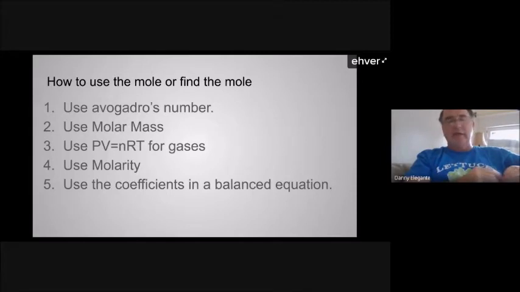I think of it like Oreo cookies, because I love me some Oreo cookies. You take 2 crispy chocolate wafers and you mix it with 1 creamy white middle. So if I had 2 moles of crispy chocolate wafers, I would need 1 mole of creamy white middles in order to make Oreos. So you can also get at the number of moles by using those coefficients.